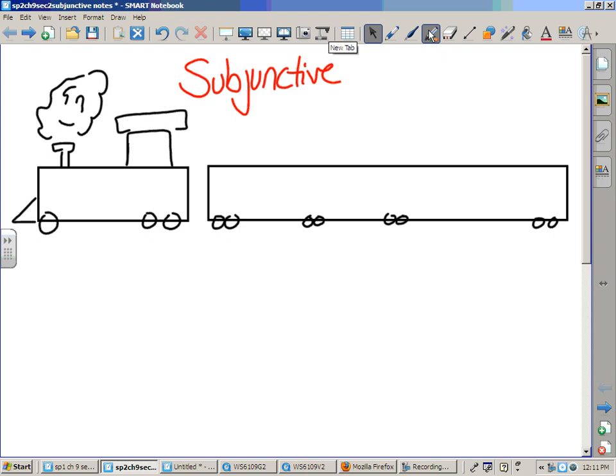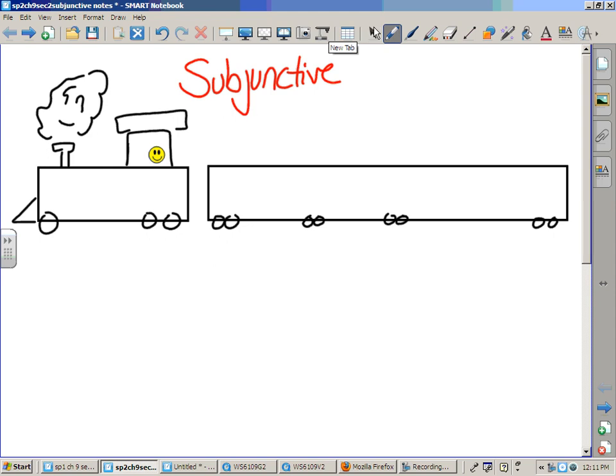And we could even, where's the dude? Okay. So, why am I drawing a train, you are wondering, when we're talking about subjunctive mood? I'm drawing a train because it represents the different parts of a sentence that you will see when you're writing in subjunctive. Okay? You got the engine and you got the back part of it.